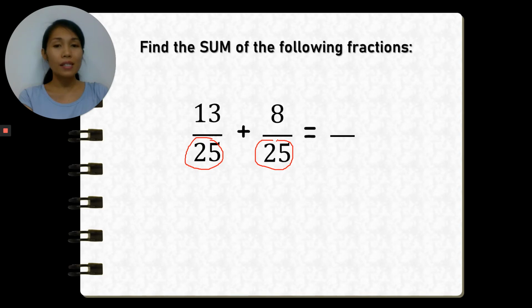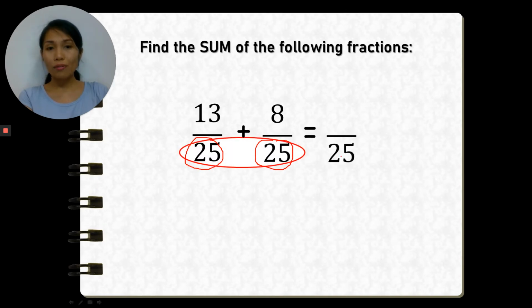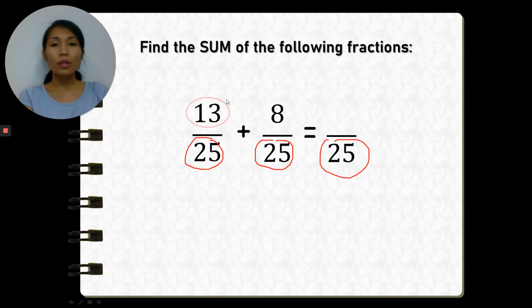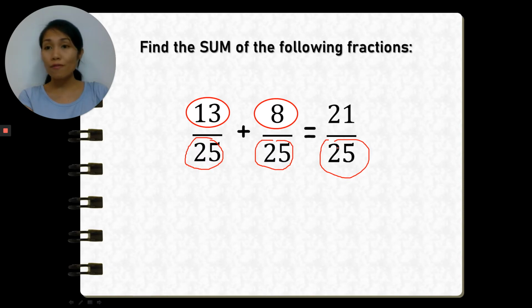As I've said, when your fractions are like fractions, then you just copy their denominators. 25, 25, 25, then your denominator should be 25 also. Now next you add the numerators. 13 plus 8 equals 21. So your answer here is 21 over 25.